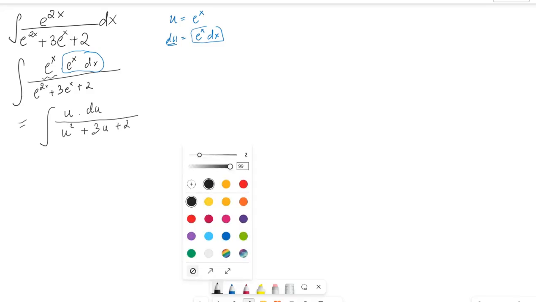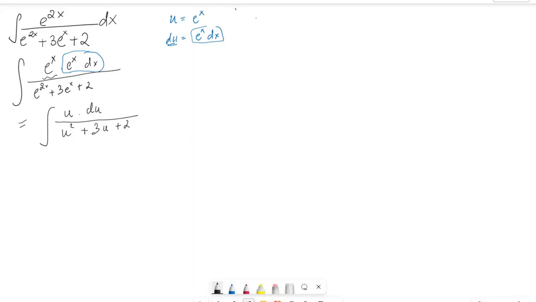Now if you see, this is a fraction problem. So the fraction is u by u squared plus 3u plus 2. We can factorize the denominator as u plus 1 times u plus 2.